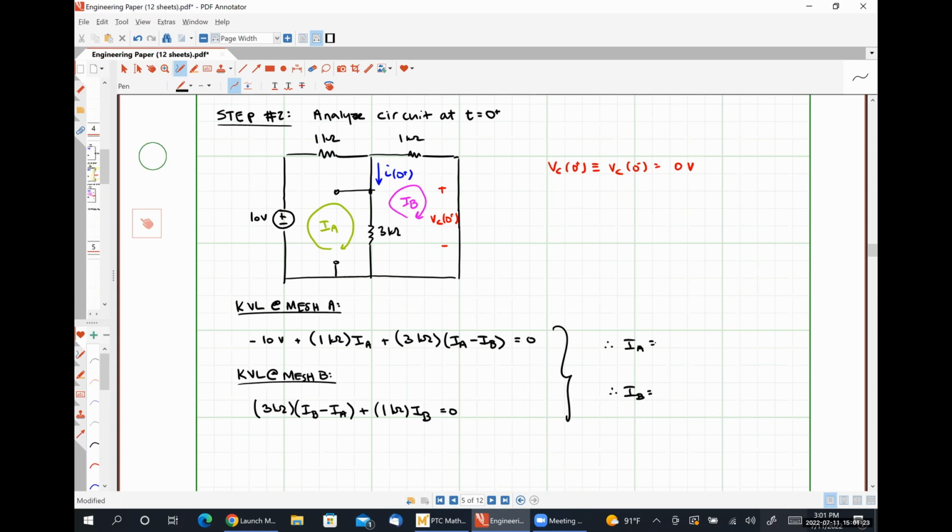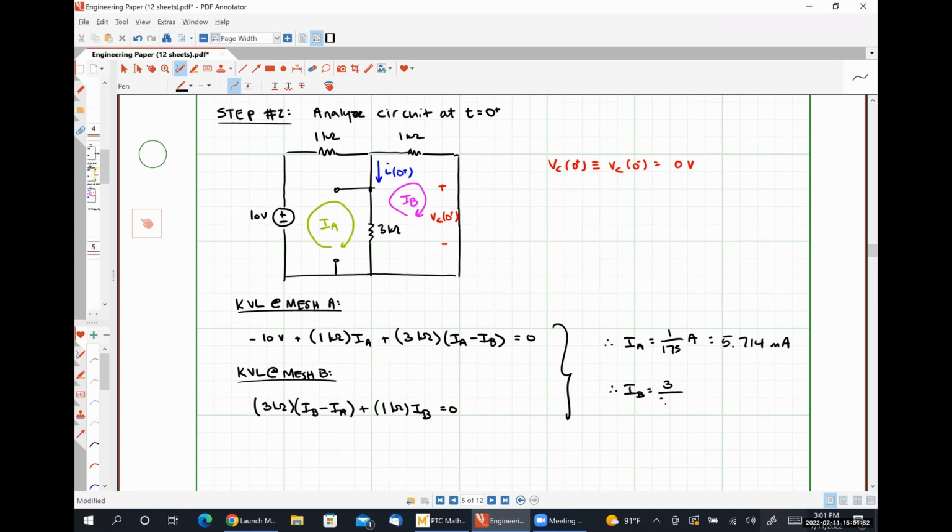And when I solve, I get IA is 1 over 175 amps, which is the same as 5.714 milliamps. And I get IB to be 3 over 700 amps, which is the same as 4.286 milliamps.